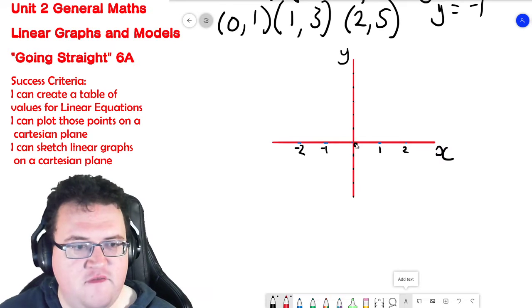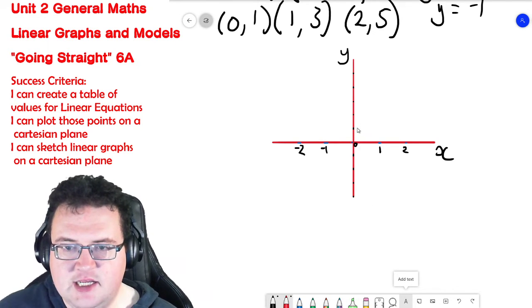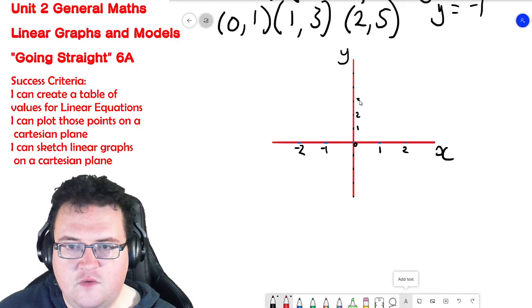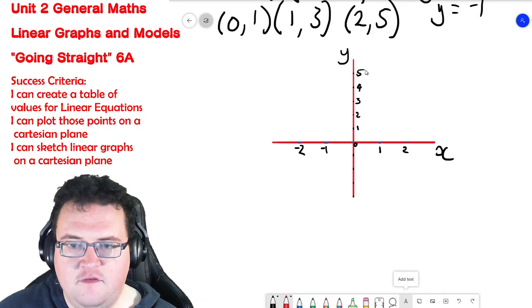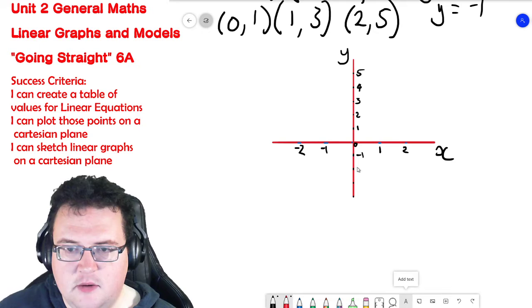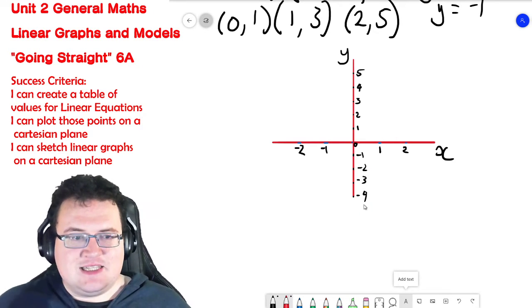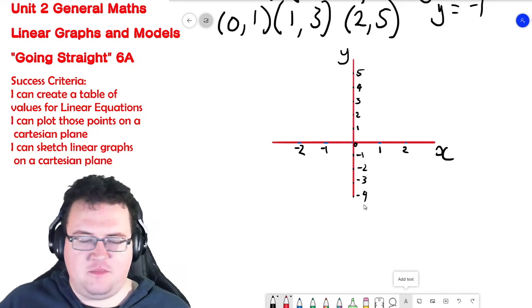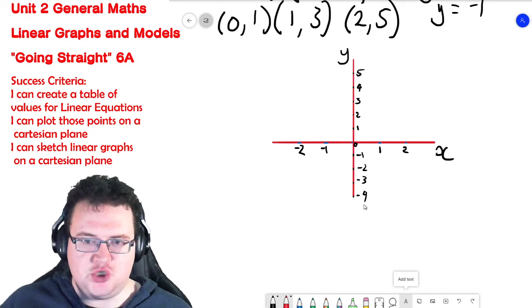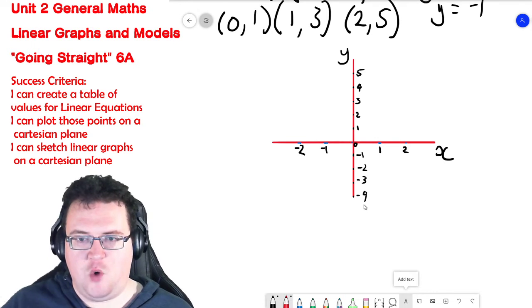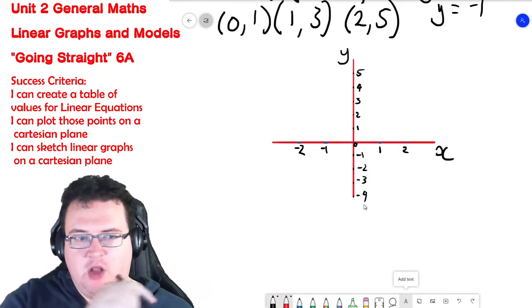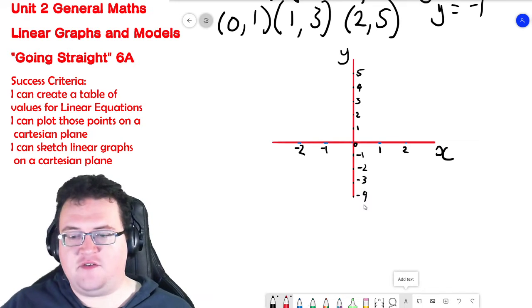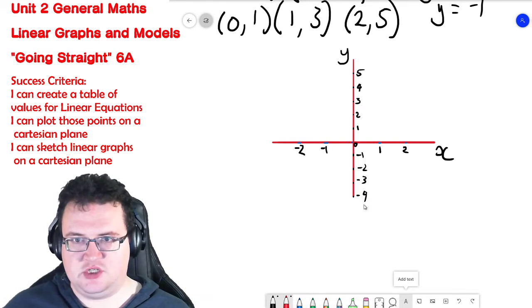On my vertical axis, my y-axis, this is 1, 2, 3, 4, and 5, and this is -1, -2, -3, -4. The scale that you use for the x and y axes doesn't have to be the same. Sometimes it is not practical to do everything the same distance on both axes. You can mix and match them like I have here. It just means that your graph is going to look slightly different to someone else's who does it differently.